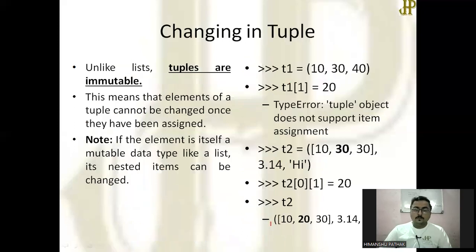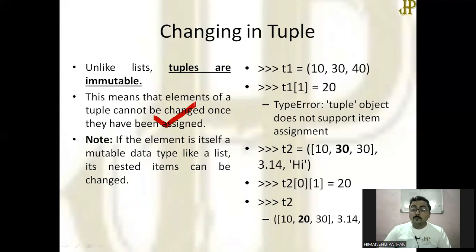Now, changing in tuples. As we know, tuples are immutable, which means we cannot change the data once it has been assigned. Okay, but there is an exception. What is that exception?